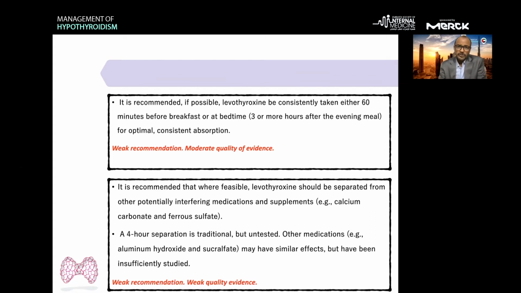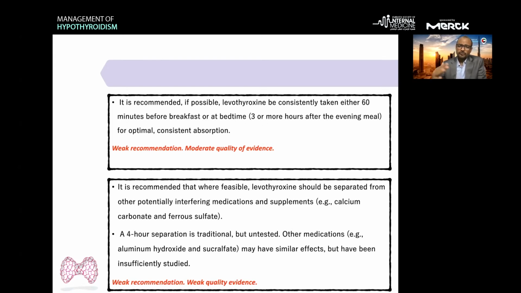The guidelines would suggest that thyroxine should be taken consistently before breakfast or at bedtime, but 3 hours after the last meal. And it is also recommended that whenever feasible, thyroxine should be taken separately from other potential interfering drugs, as I said, such as calcium carbonate and ferrous sulfate.